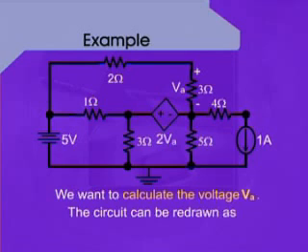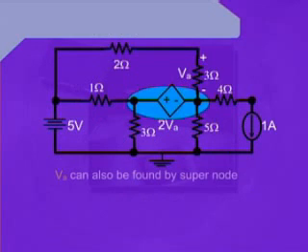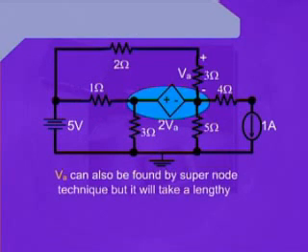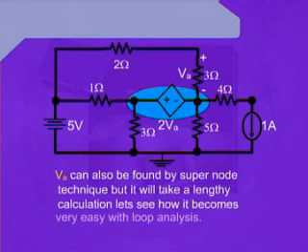Now, as our usual practice, first of all, we see from the circuit that it's easy to resolve it using the supernode technique. It can be found by supernode technique, but it will take a lengthy calculation.